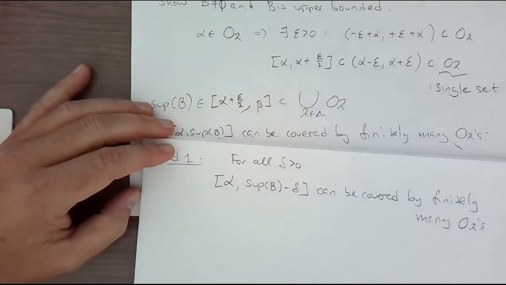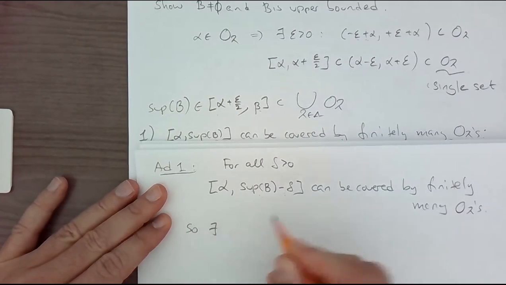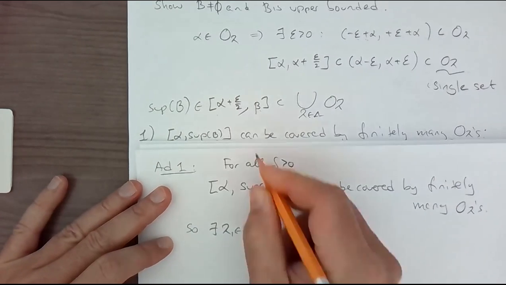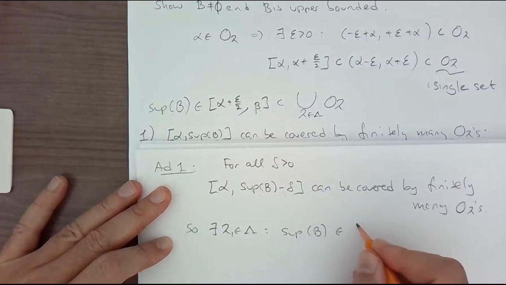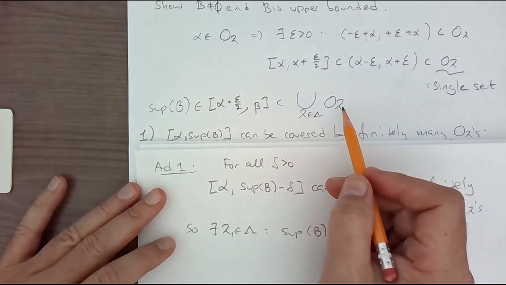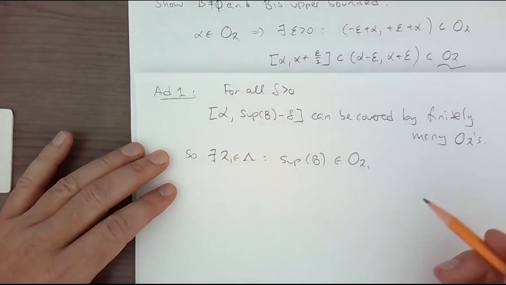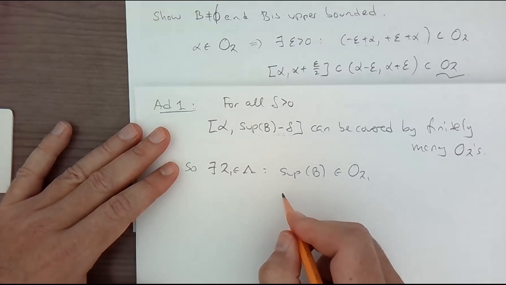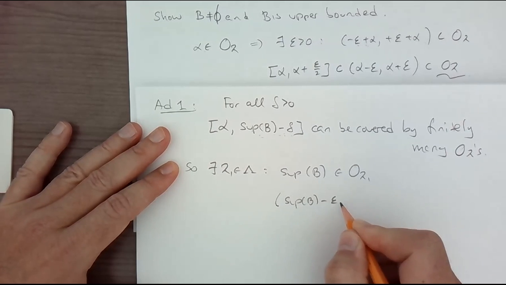That means that the supremum is somewhere. So there exists some lambda, I think we called it lambda 1, such that this supremum is in that set, because the supremum is inside the union, so it has to be somewhere. But if that's true, I can play the same game as I did before. If I look at the open interval, I'll take the supremum of B, I'll subtract a little bit.